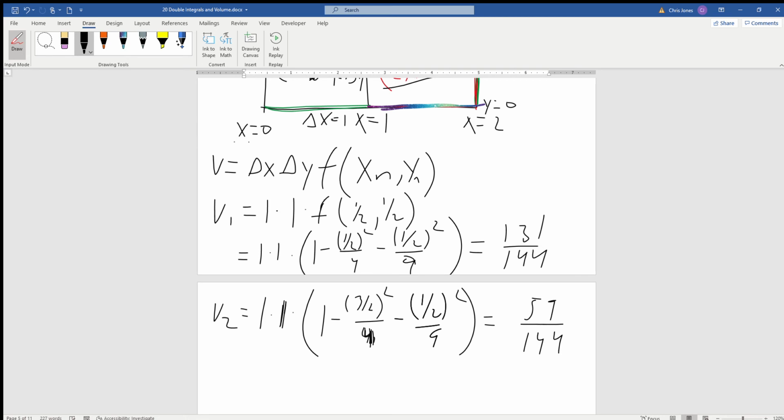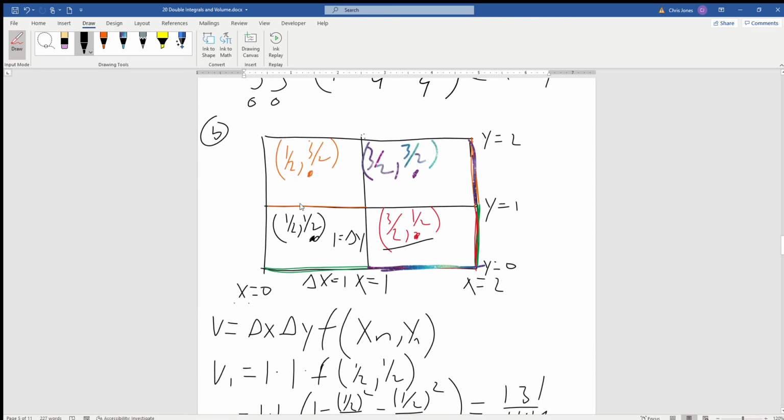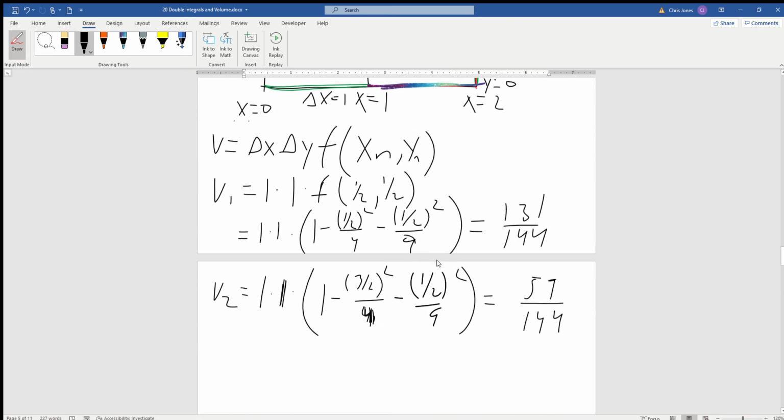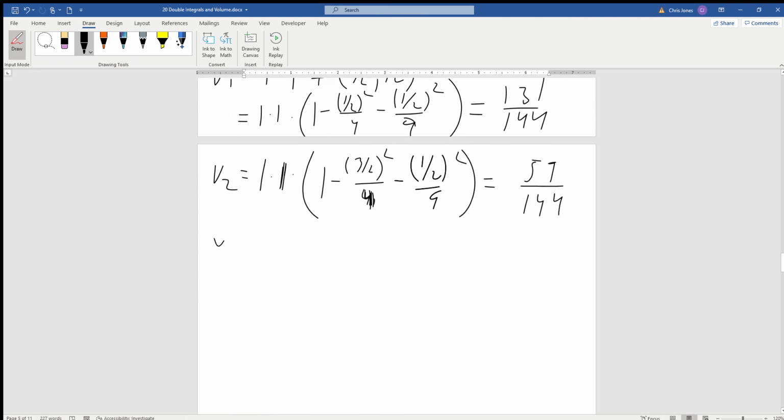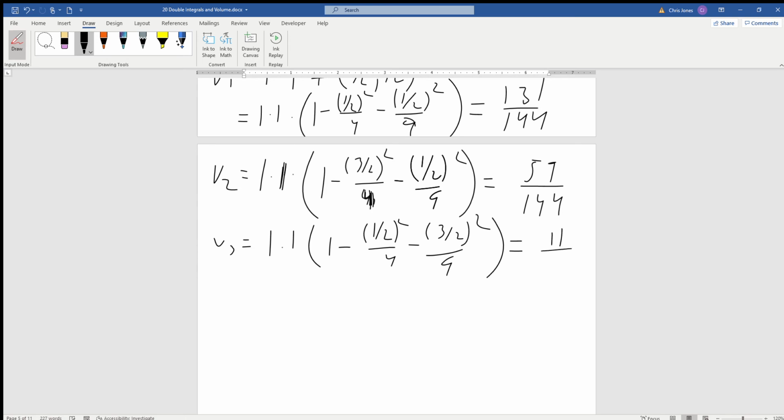Two more times. Our third volume is at 1/2, 3/2. So V3 is going to be 1 times 1 times 1 minus (1/2) squared over 4 minus (3/2) squared over 9. And when we compute that, that's going to be 11/16.